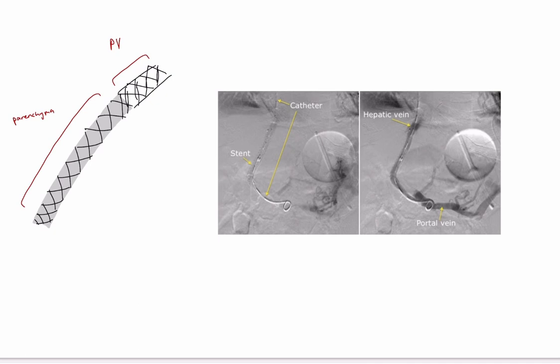Now, the concern with covering of the stent is that it can impede the ability for that blood to flow through the liver. And of course, this can exacerbate conditions like hepatic encephalopathy, where toxic metabolites are essentially damaging the brain and central nervous system.